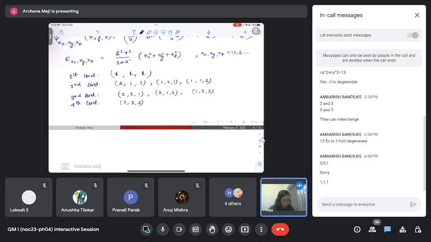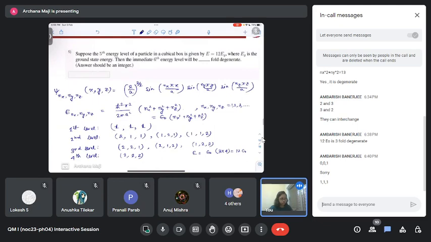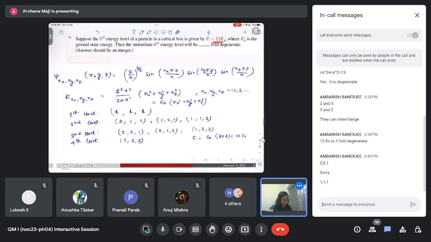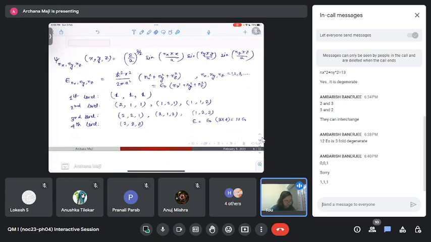The energy that you will get, suppose again this is the epsilon 0 energy unit, nx square plus ny square plus nz square, then 2 2 2 will give you 12 epsilon 0, right? But from the question itself you can see it's not the case. So the fifth energy level corresponds to 12 epsilon 0. So what should be the case for the fourth level? What should be nx, ny and nz?